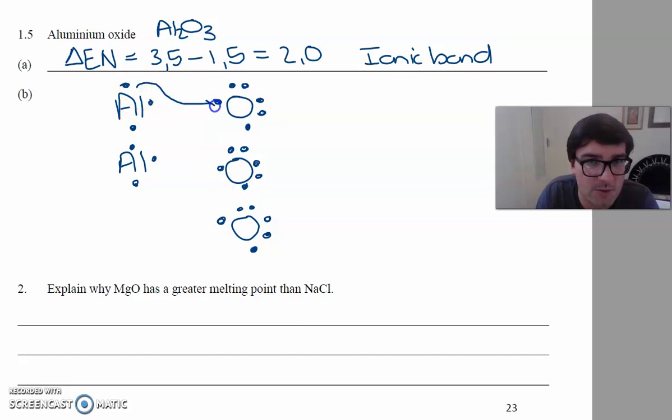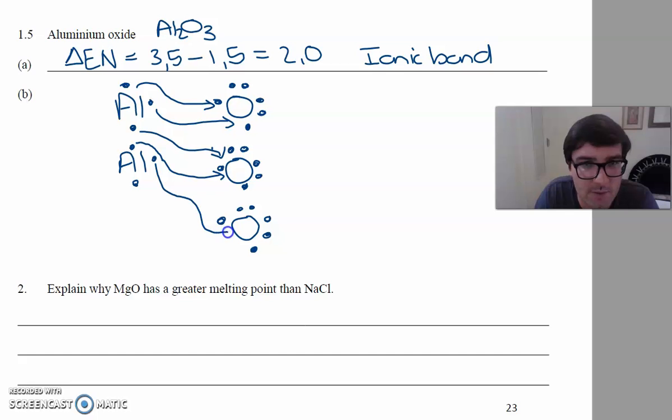So the first one will transfer there and there, and that one will be there and there. Let's just take it from there, and then this one will be from there and from there.